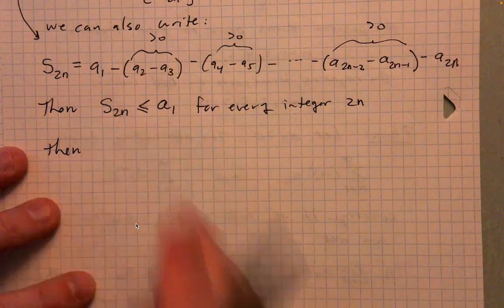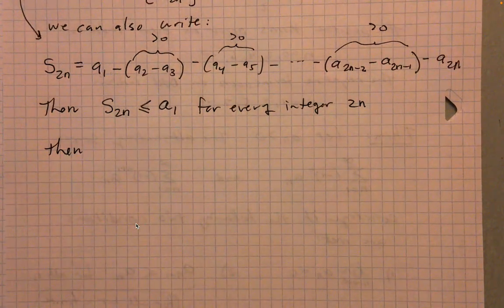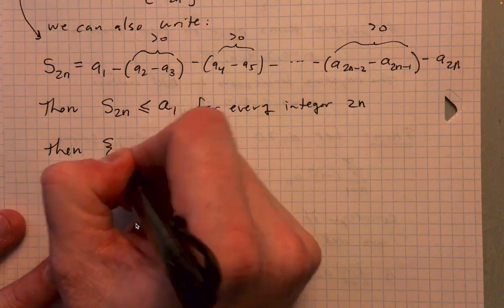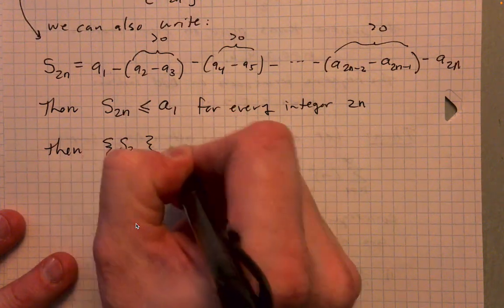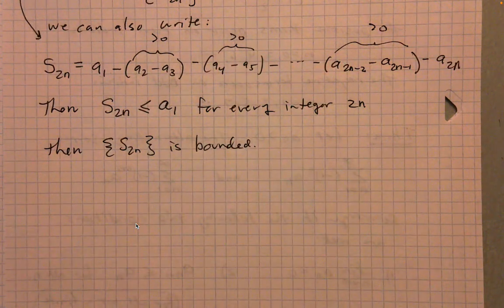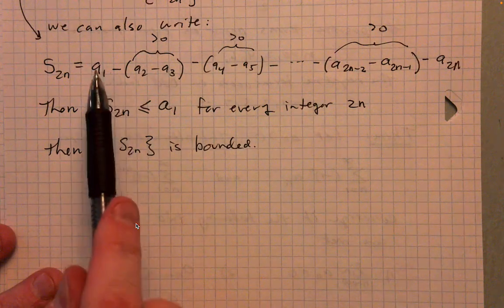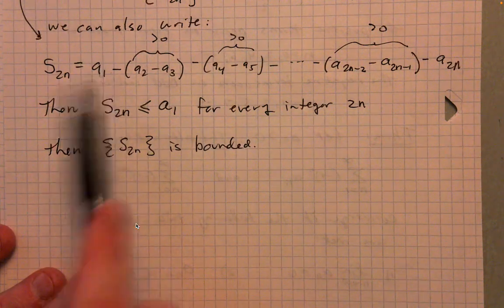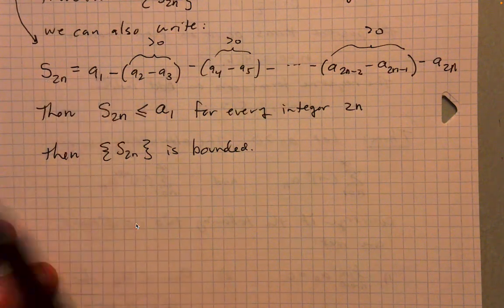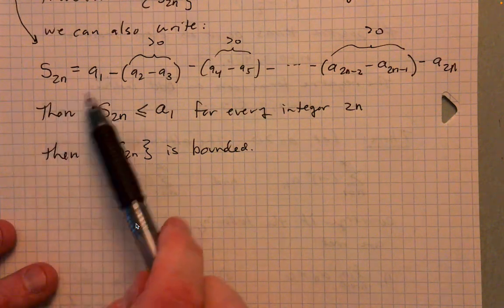Well, that's going to imply that the sequence of partial sums is bounded. It's bounded because it's certainly bounded by this value here, whatever that happens to be. All of the partial sums are going to be less than a1, so it's an upper bound.